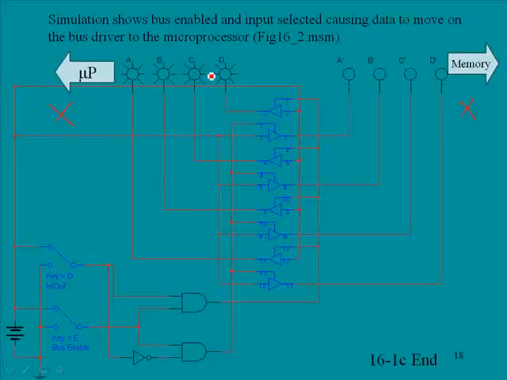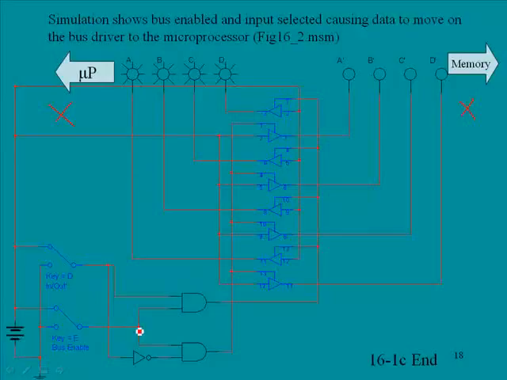What you'll note here is these little LEDs are illuminated, and what that is indicating is that data is moving from memory to the microprocessor. So this would indicate here we have a high coming here, so this AND gate is enabled, allowing data to move in this direction, and the bus here is enabled.